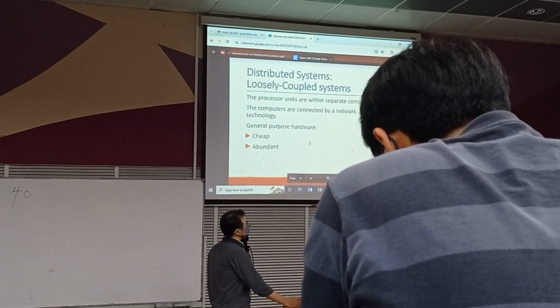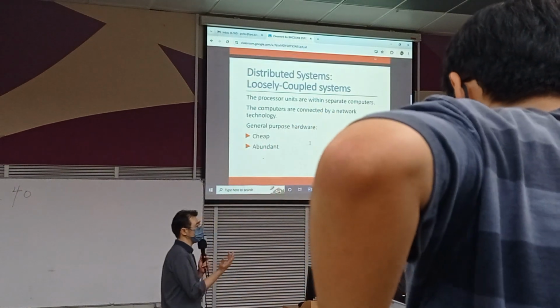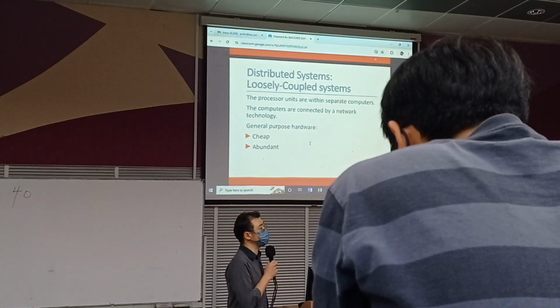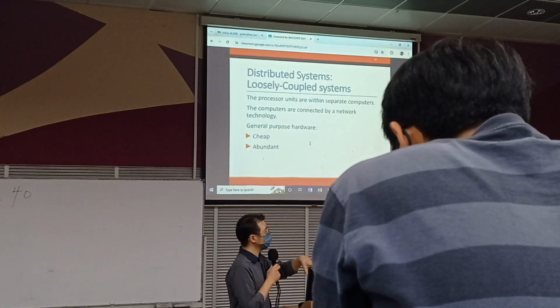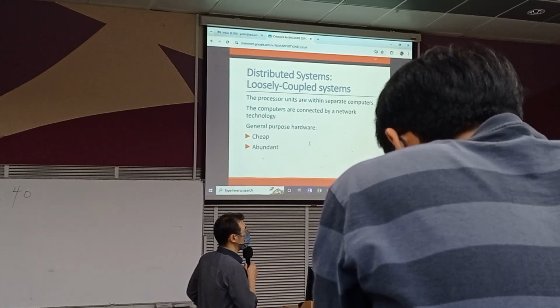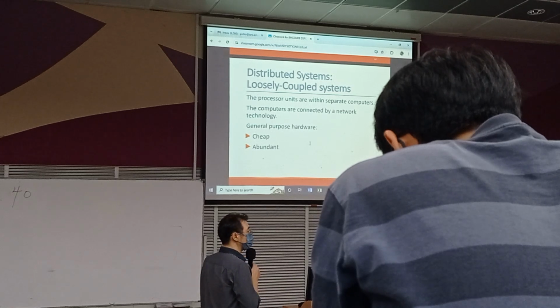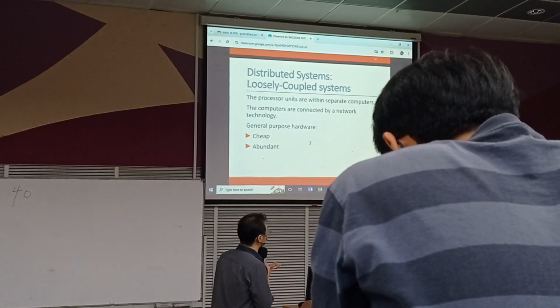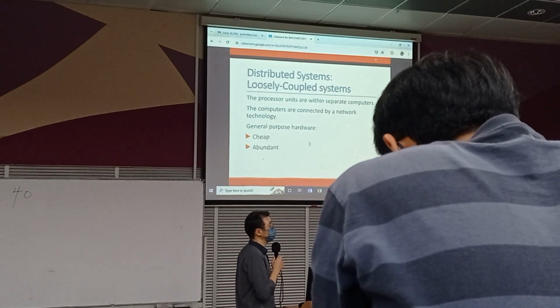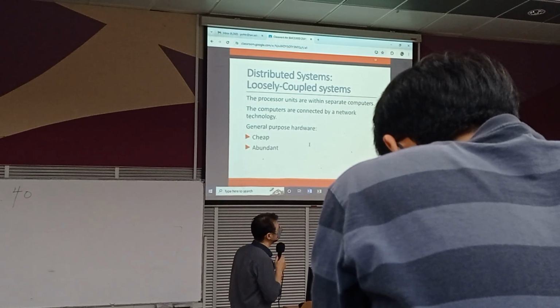Now, loosely coupled system, because you buy off the shelf, just like Google, you buy second-hand computers which nobody wants to use already. They buy them, and they hook them up together through a network. The hardware you can source abundantly, like what I mentioned, Google does that, and you can buy it cheaply. In fact, they used their own pocket money to buy it.